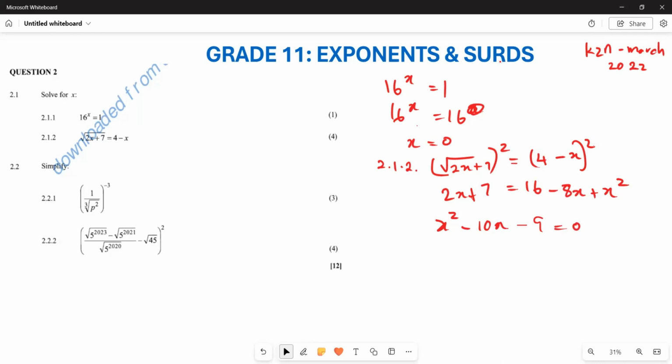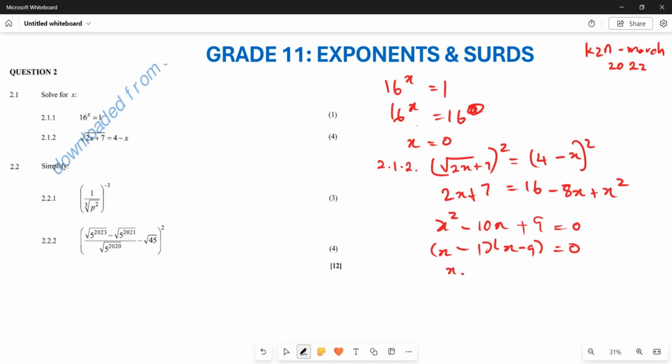Now, obviously, you are going to factorize this. As you are factorizing, you are going to find the two factors. This is going to be x. The factors that can give us 10 are 9 and 1, right? Remember, the last term is positive 9, not negative 9, which means both signs are negative, and that gives us negative 10.